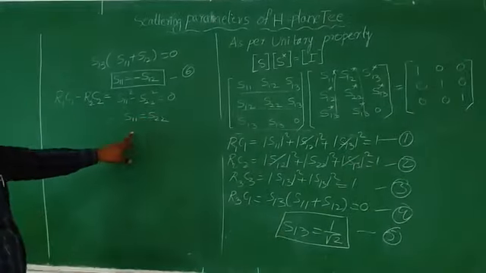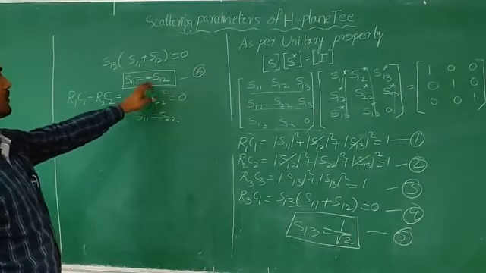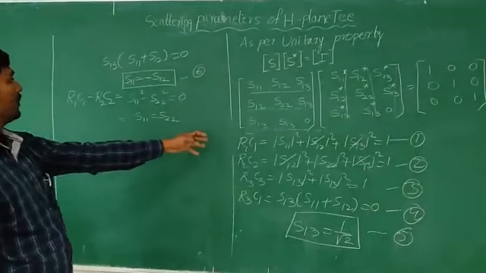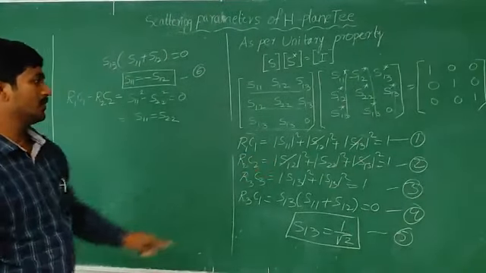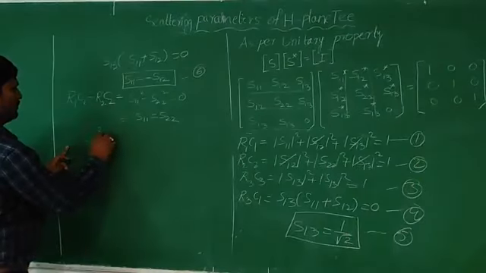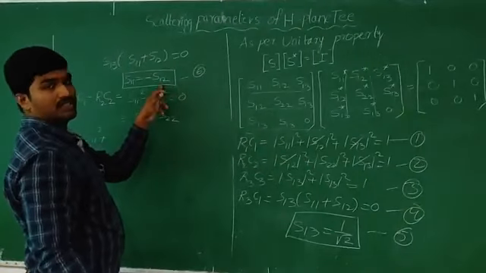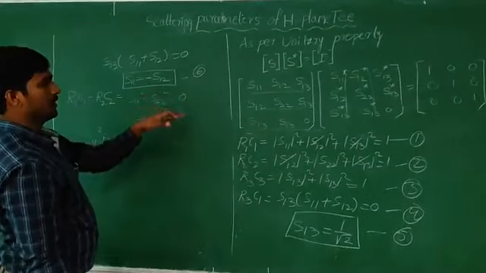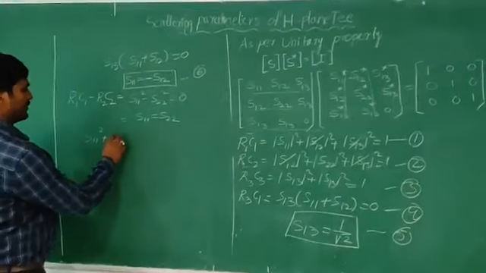Now we are going to substitute this value in any equation. Okay, now I am going to substitute this value in the first equation, that is S11 squared plus S12 squared. Instead of S12 I am writing minus S11. Here the value is minus, but in modulo it will be plus, S11 squared.